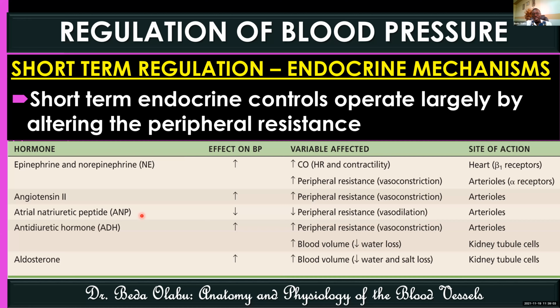The other mechanism ANP uses, remember from that name, atrial natriuretic peptide. So it's produced by the atrium of the heart. Natriuretic means it promotes loss of sodium in urine, and peptide means it's a protein. So this protein hormone promotes loss of sodium in urine. If it promotes loss of sodium in urine, even water will follow.